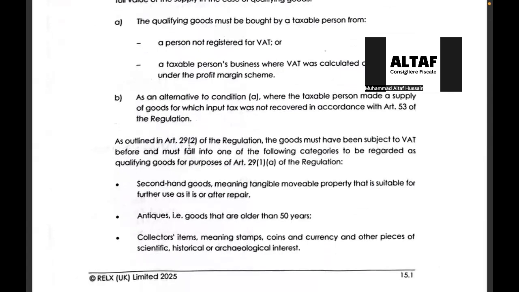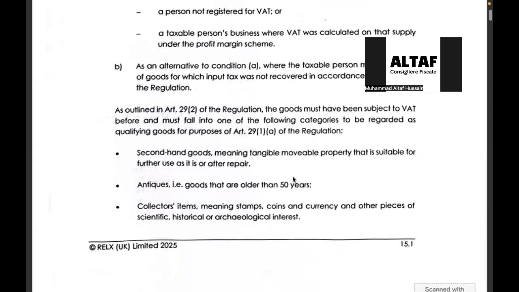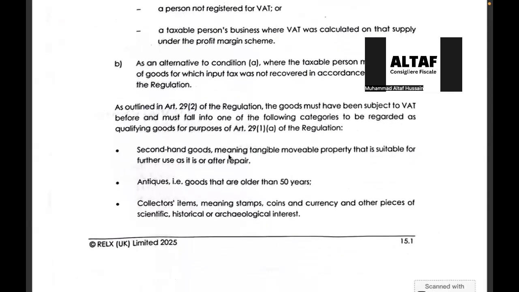As outlined in Article 29 of the regulation, the goods must have been subject to VAT before and must fall into one of the following categories to be regarded as qualifying goods for the purposes of Article 29 of the regulation. Second-hand goods, meaning tangible, movable property that is suitable for further use as it is or after repair.